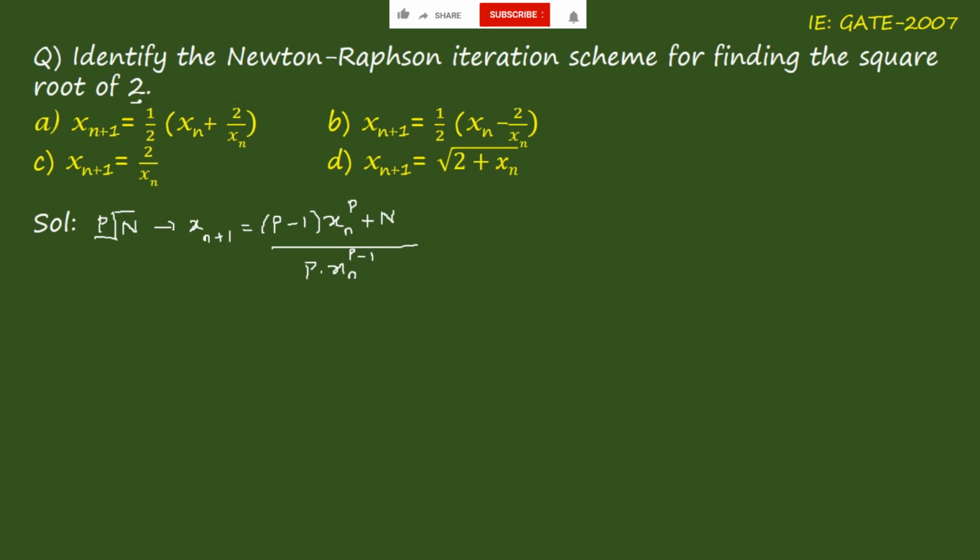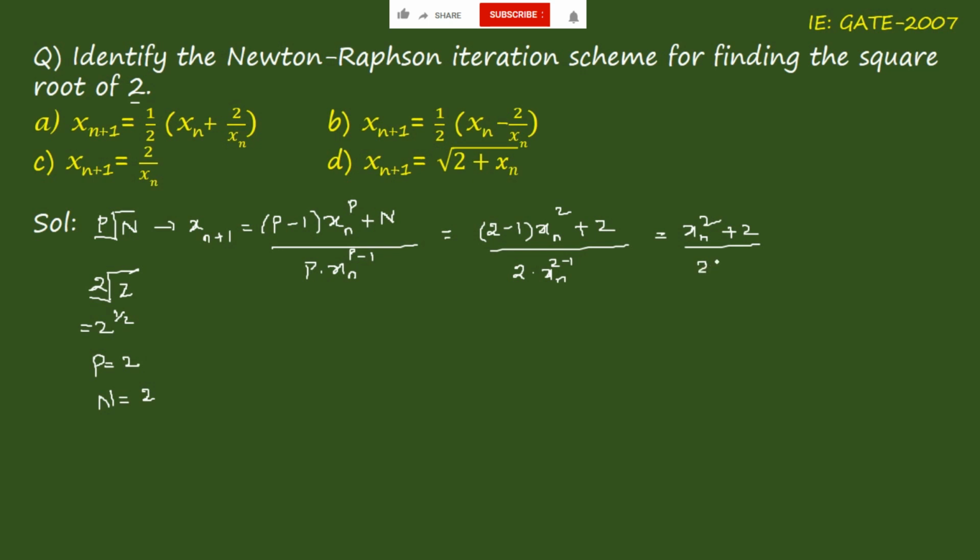Now we have to find the square root of 2, which is 2 power 1 by 2. So p is equal to 2 and n is equal to 2. Substituting the values, we get (2 minus 1) x of n square plus 2 by 2 into x of n power 2 minus 1, which is equal to x of n square plus 2 by 2x of n.